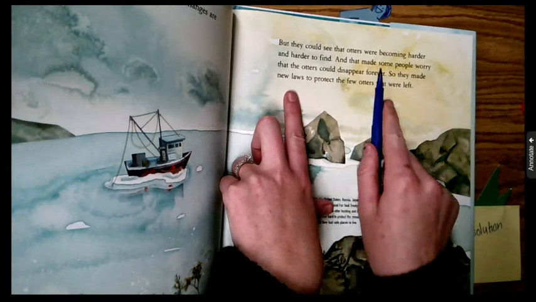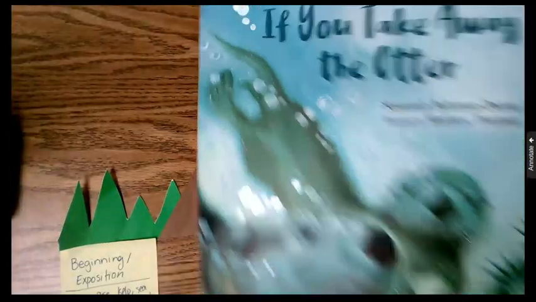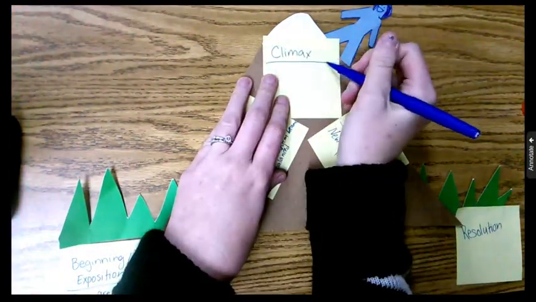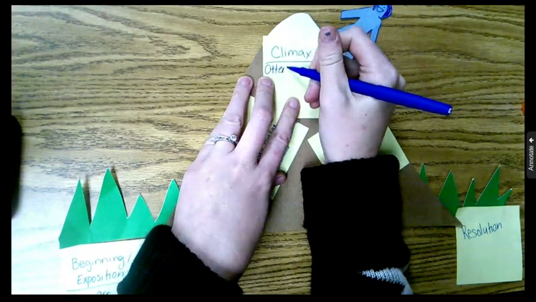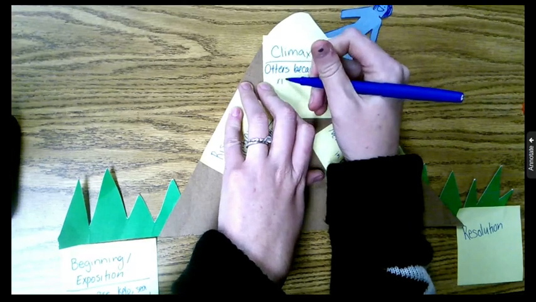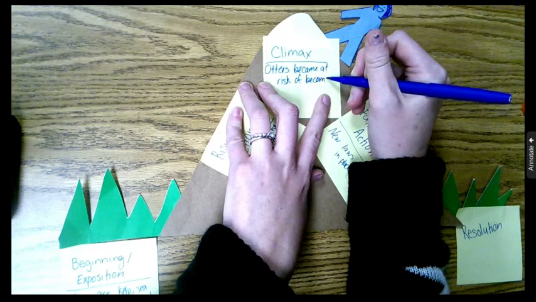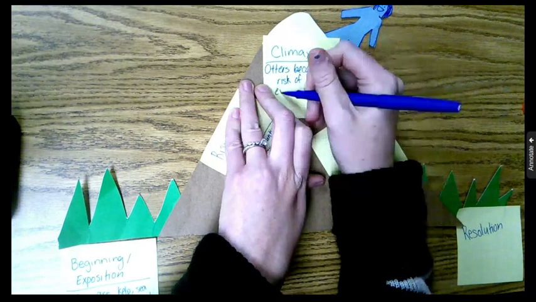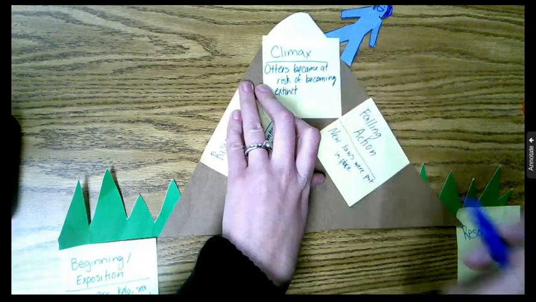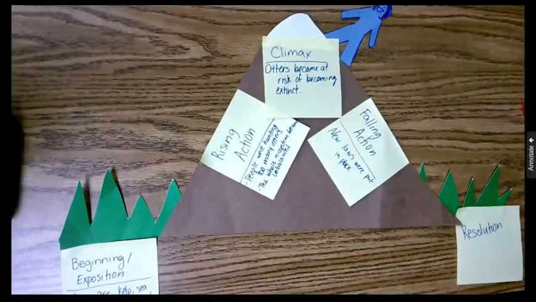Well, they were worried that otters could disappear forever. So my climax is otters became at risk of becoming extinct. I'm kind of just putting it in my own words here. That is what happened right before my falling action.